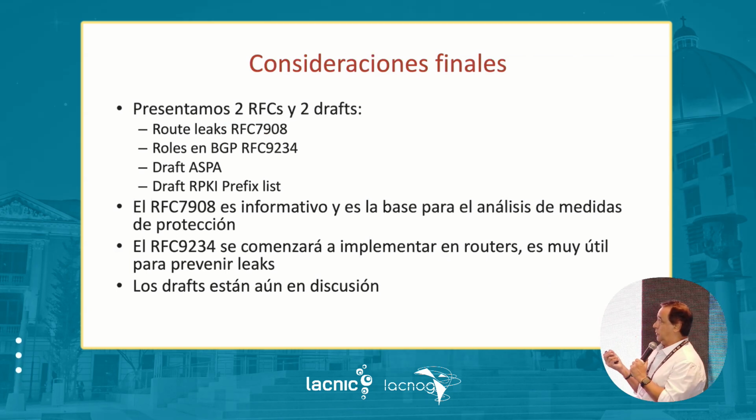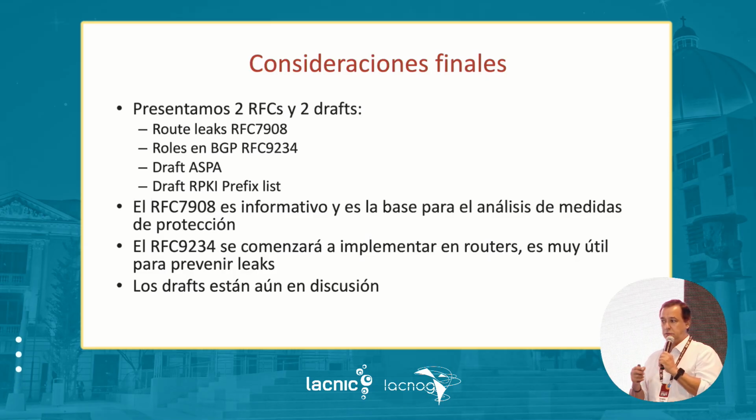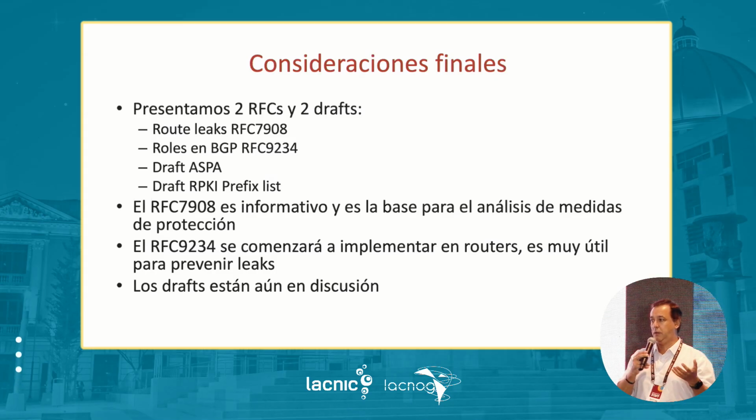So we have very briefly presented two RFCs and two drafts. Route leaks and roles are RFCs, and roles have been implemented in the routers. So if you check the routers, you can configure the roles directly, and that will automatically prevent most route leaks.